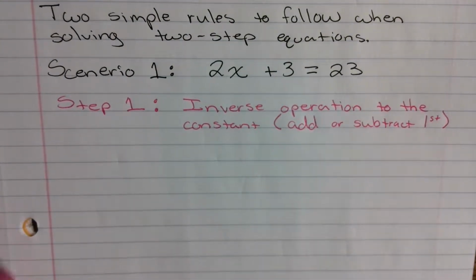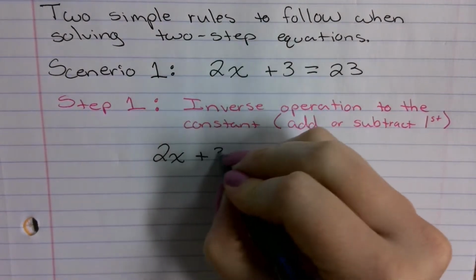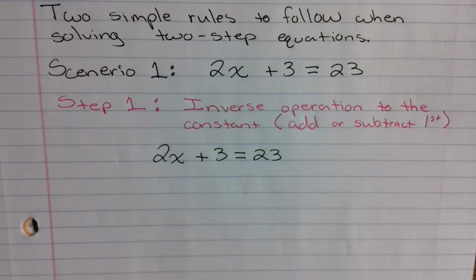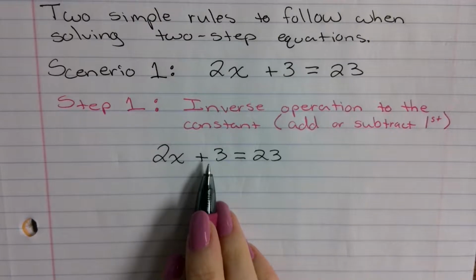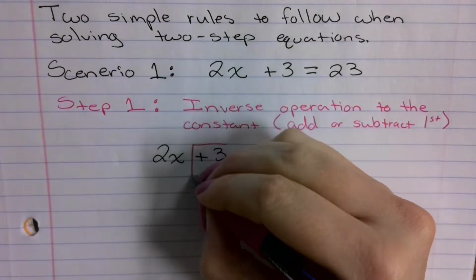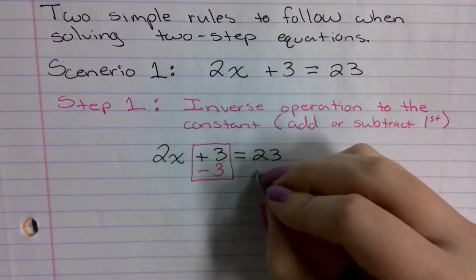So if I have, again, like we said, we've got that 2x plus 3 is equal to 23. Am I going to add or subtract for my inverse operation? Jimmy? Subtract. Because right now I see addition, so my inverse of that addition is going to be subtraction. So we're going to subtract first.